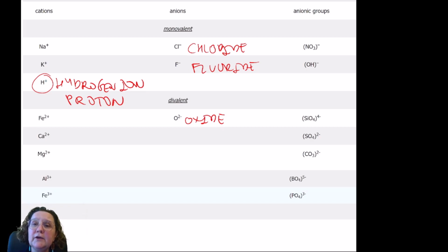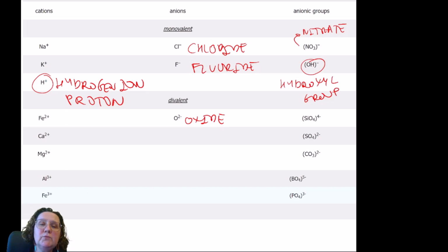The first one, NO3 minus, is the nitrate group. This is worth remembering because it's quite common. Another one that is worth remembering is OH minus, the hydroxyl group. When we're studying acid-base chemistry, we'll be looking a lot into OH minus and a lot into H pluses. So remembering hydrogen ions and hydroxyl ions is worth it.